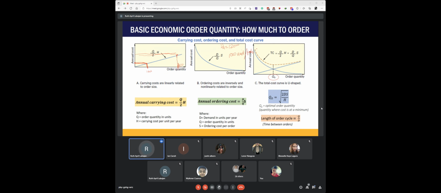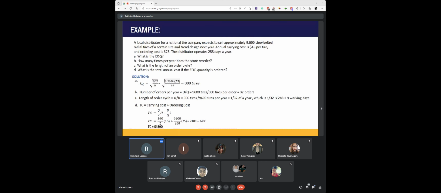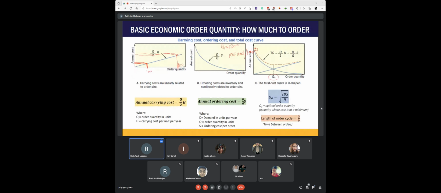So if you order 1,000 units per order, how many times do you order in a year? To complete 12,000, but ordering only 1,000 in every order, you have to order 12 times. Correct? 12 times. But let's say that you order 3,000 units per order.